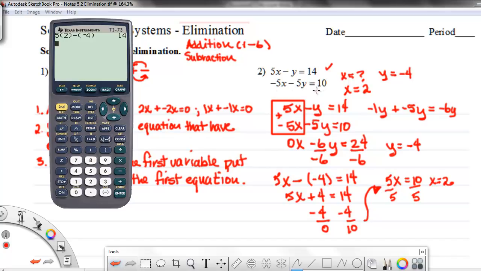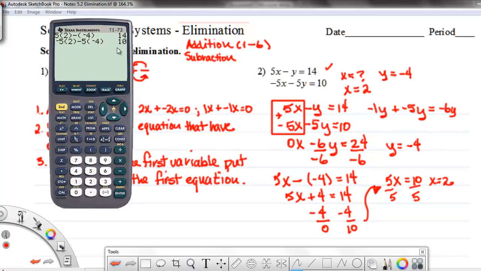Now I have to test the second one. A negative 5, my x is 2, and then I subtract 5 times a negative 4. And if I've done this equation right, I should have 10. There, it checks out, doesn't it? The first equation equaled 14.